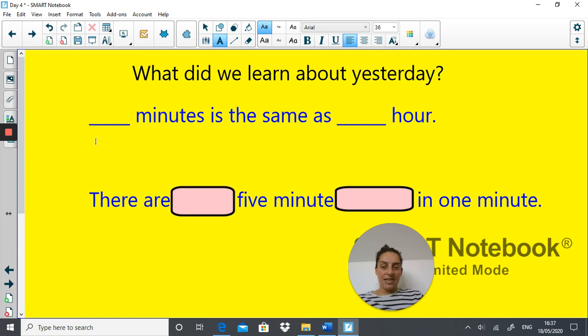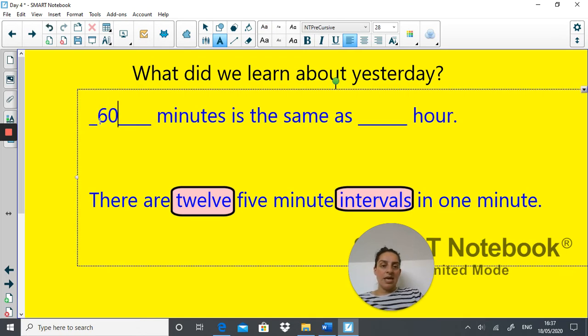Pause the video and fill in the missing words. Off you go. So 60 minutes is the same as 1 hour, and there are 12 5-minute intervals in 1 hour. And you'll remember that number line I showed you from 0 to 60 with the equal intervals, 12 intervals, and you were saying that each interval is 5 minutes.